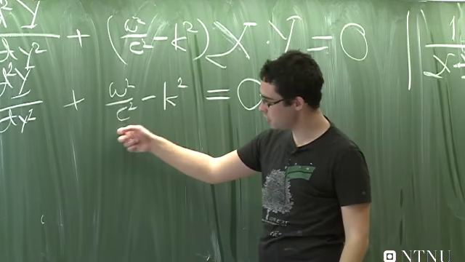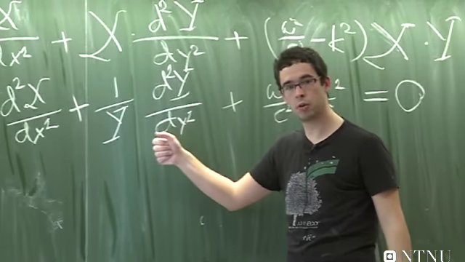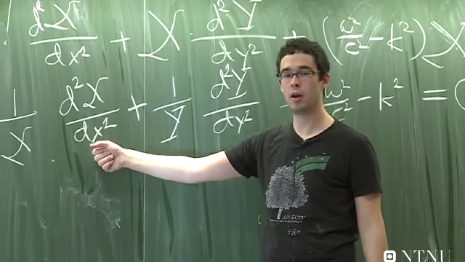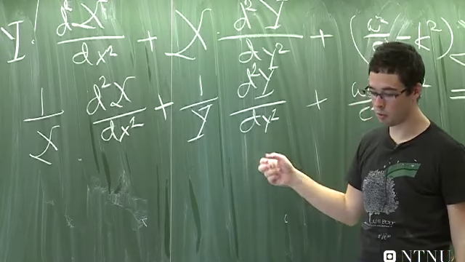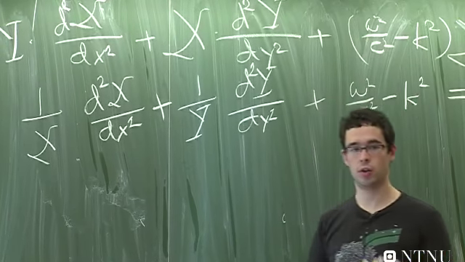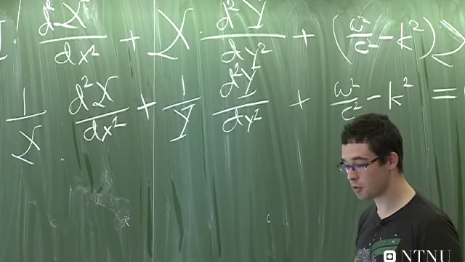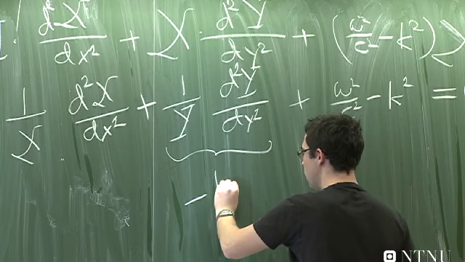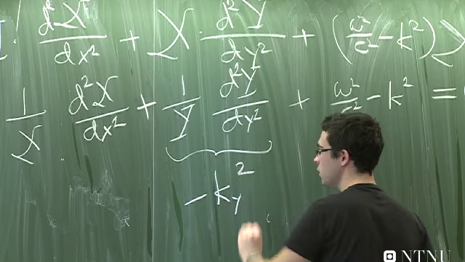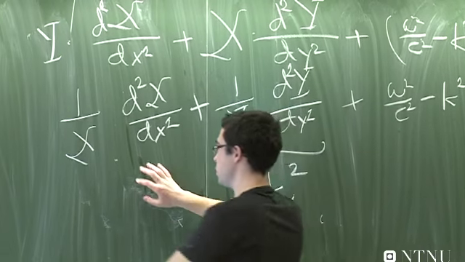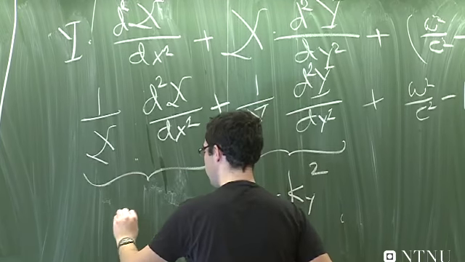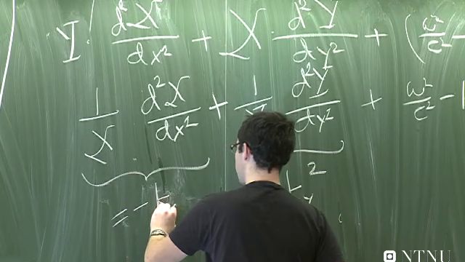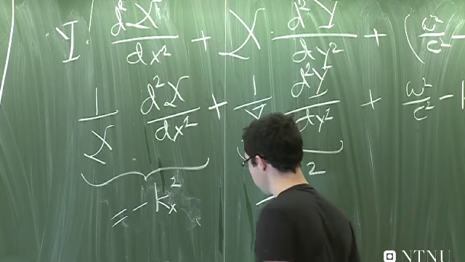This is constant, and if this is going to be true for all x and all y, well, these two better be constant as well. And in general, you need to check all the sign combinations, but I've cheated. So I know that this I can set to minus ky square, and this I can set to minus kx square.